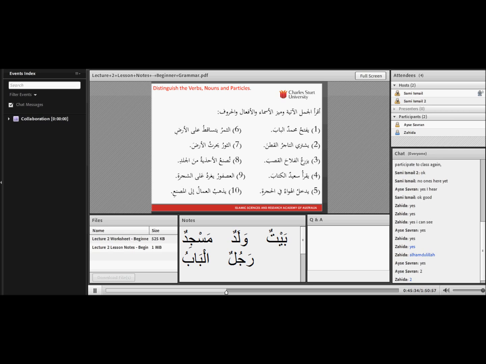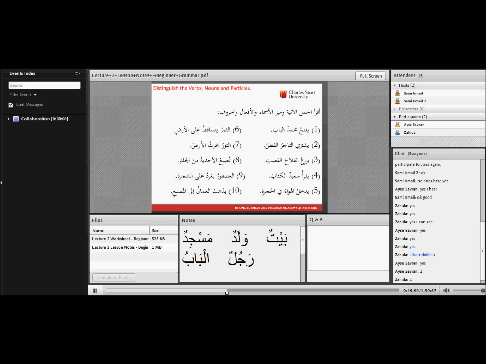Now, we also said that the fi'l or the verb has three parts based on time. If an action happened in the past, we call that fi'l madi or past tense.